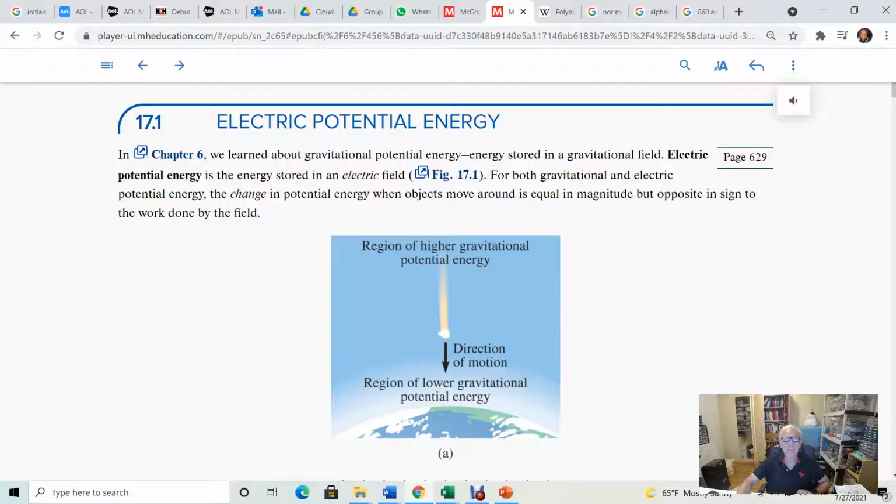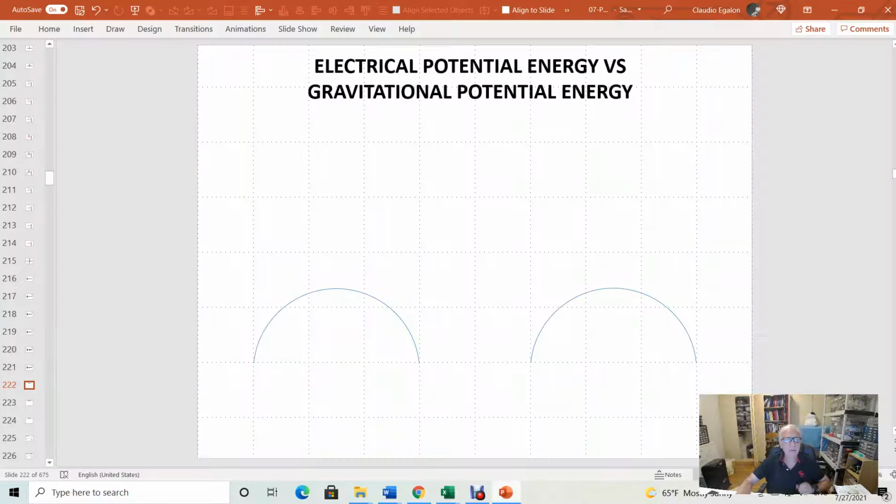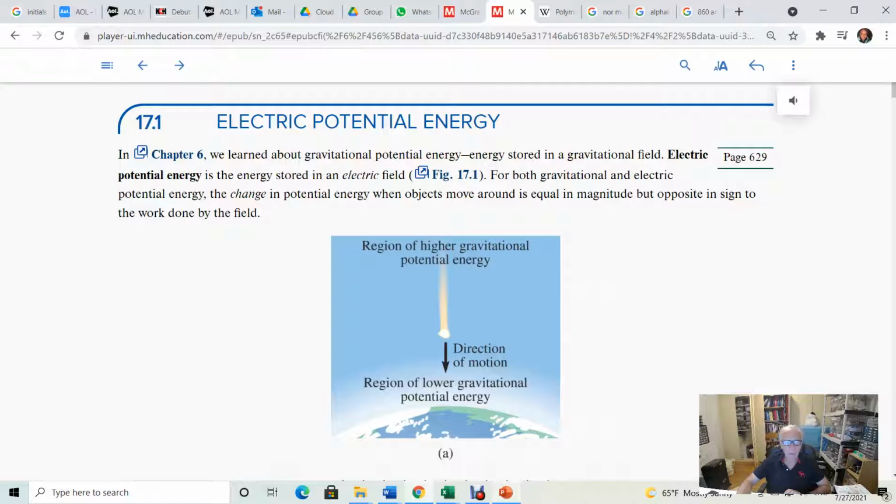It doesn't have to be a small object, it can be a large object too, but that's okay. So for the gravitational potential energy, like I mentioned, you have to have two objects.